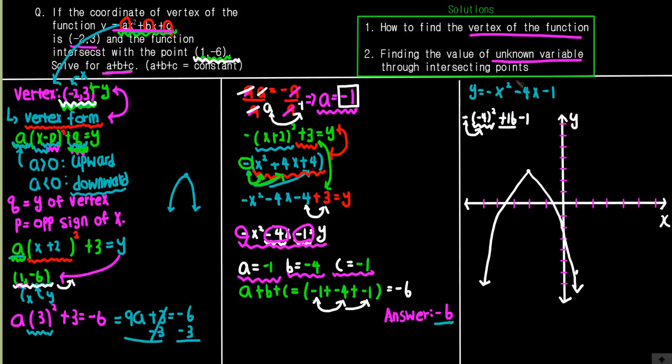This was y equals negative x squared minus 4x minus 1, and we figured out that only the maximum point exists as the a value is negative, and the coordinate was negative 2 comma 3. And we picked some other points to graph.